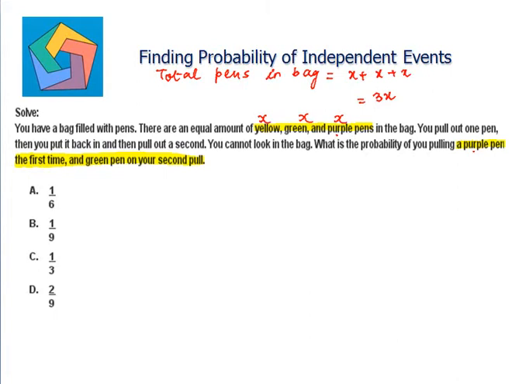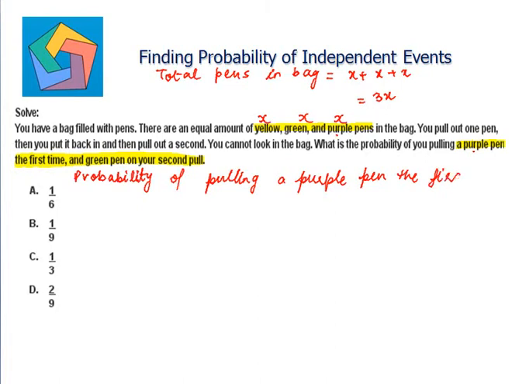So we can say probability of pulling a purple pen the first time will be X over 3X, which is 1 over 3.